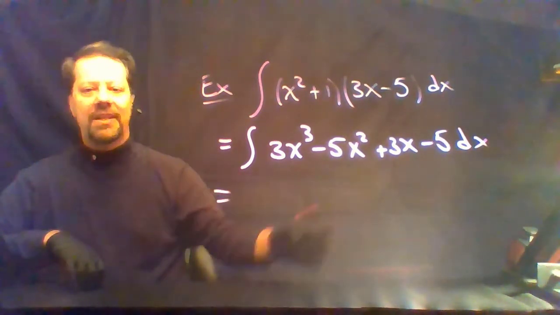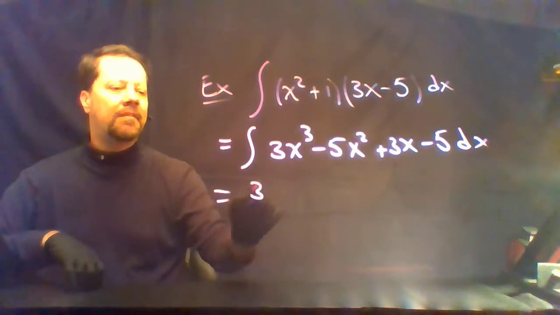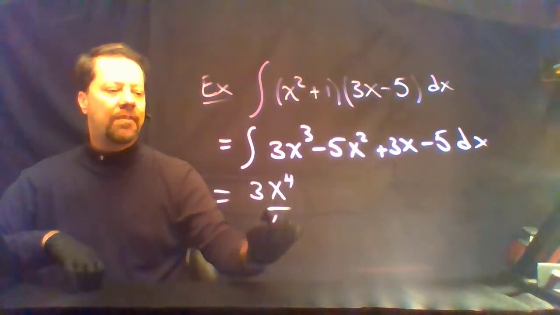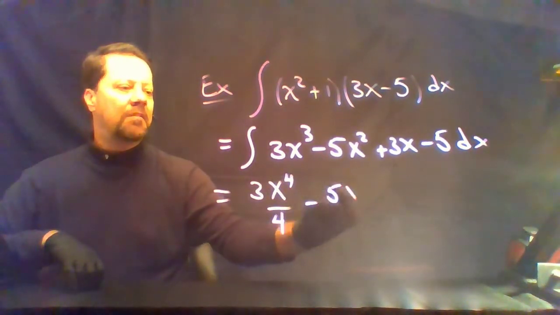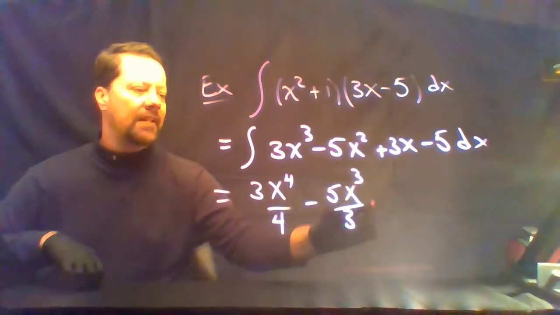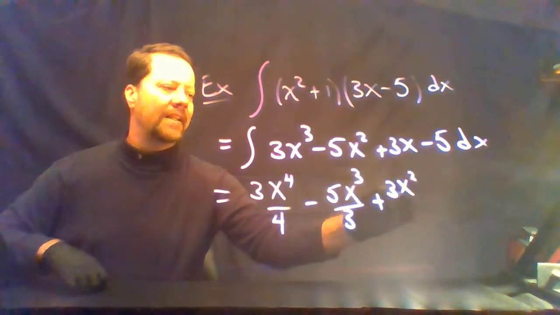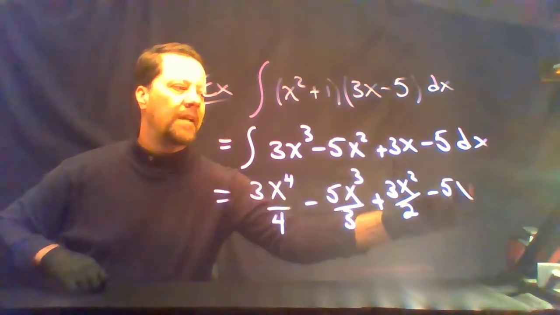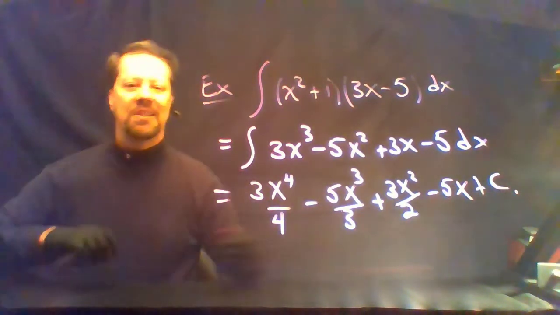And then we just integrate term by term. 3x to the fourth over 4 minus 5x cubed over 3 plus 3x squared over 2 minus 5x plus c.